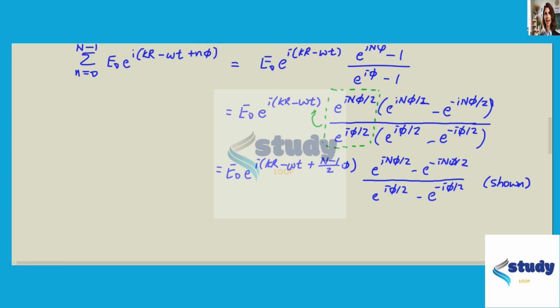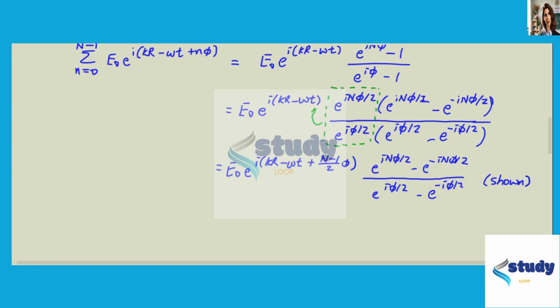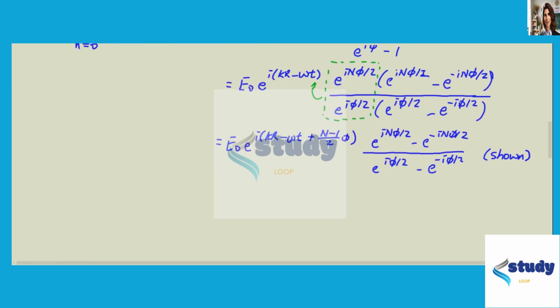And then we want to find the real part. So we want to find the electric field at point P, which is equal to the real part of the summation.